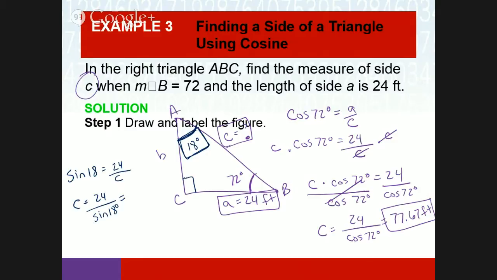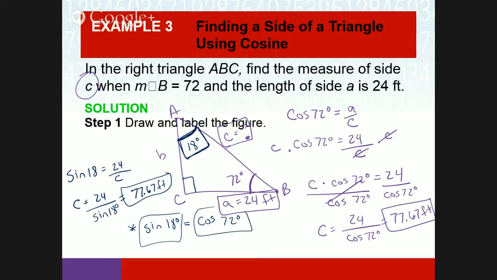What's 24 divided by sine of 18? 77.67. 77.67 feet. So it turns out here, sine of 18 degrees is the same thing as cosine of 72 degrees. You can plug that in your calculator. What's sine of 18? What's cosine of 72? You get the same thing.